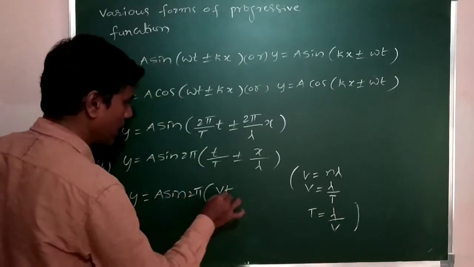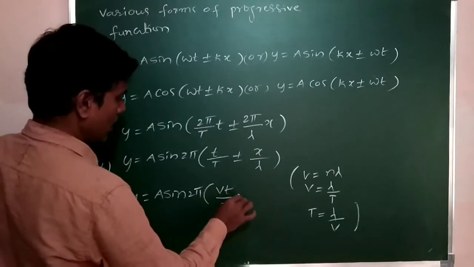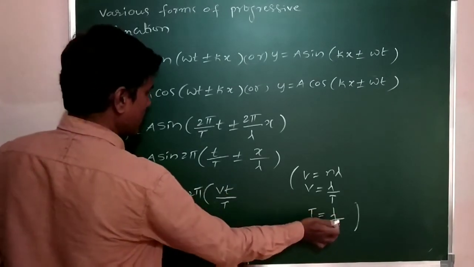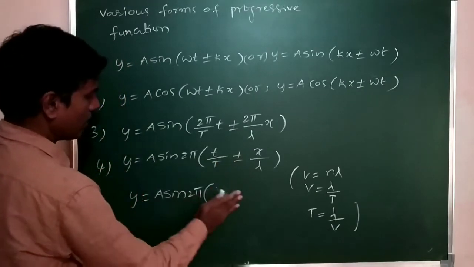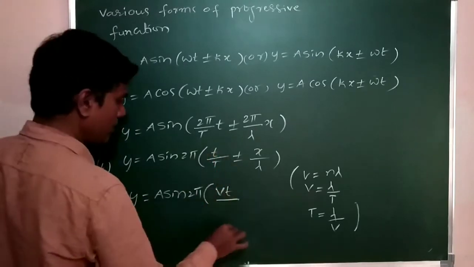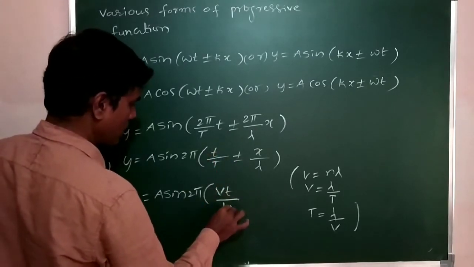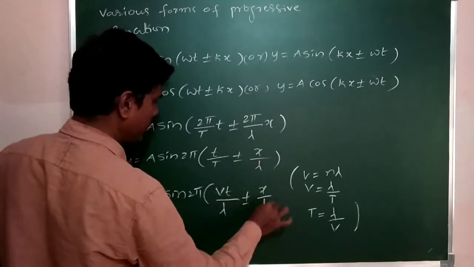Here is vt by capital T, and capital T is equal to lambda by v. That means vt by lambda, plus or minus x by lambda.